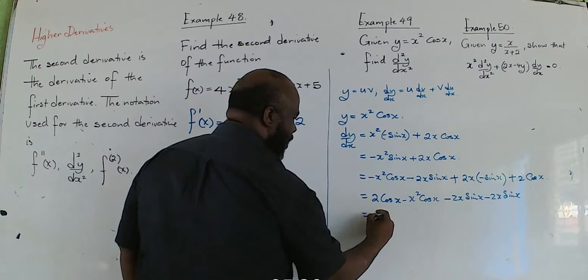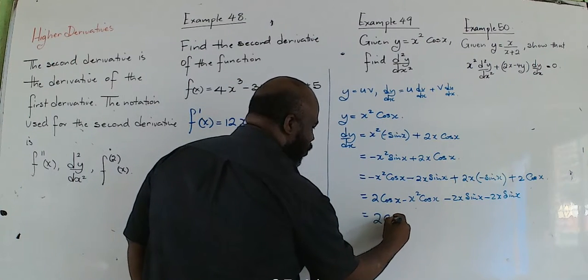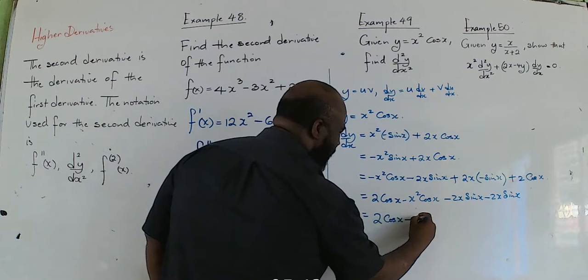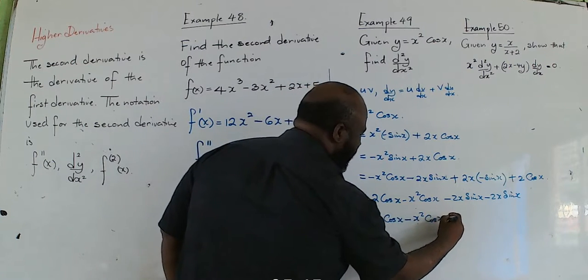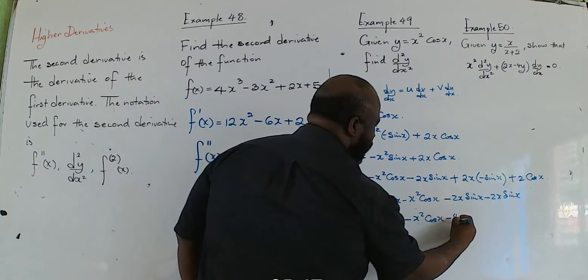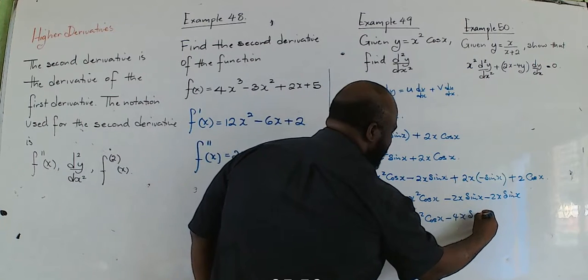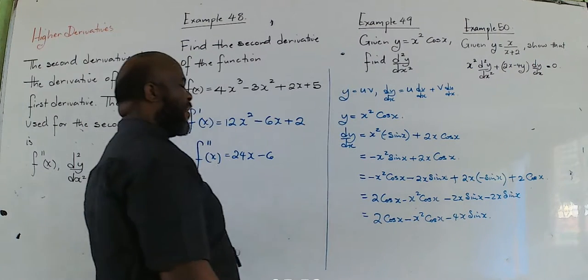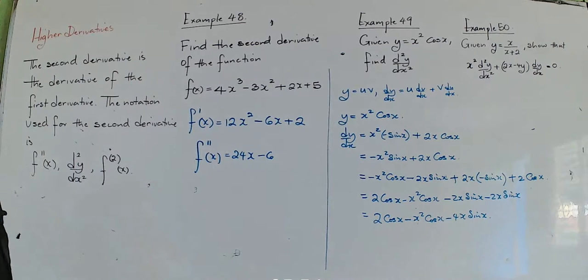This is 2 cosine x minus x squared cosine x minus 4x sine x. If the signs are the same, you add and keep the sign. Alright? Alright, so next we're going to look at example 15.